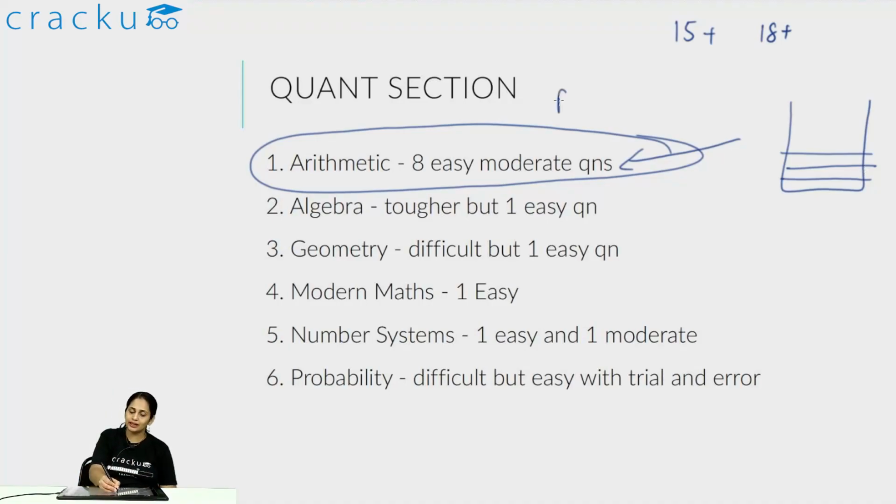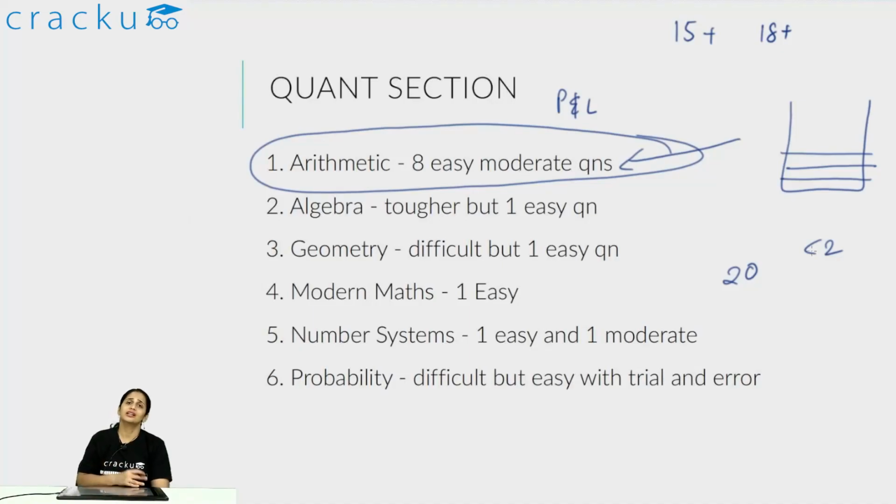Especially the questions on profit and loss were very simple and would have taken you less than 2 minutes. So basically if you say that you should try to attempt 20 questions, that is around 2 minutes per question, right? Most of the questions in this were less than 2 minutes to get to the right answer. Profit and loss would take you 1.5 minutes to get to the answer. Many questions on ratio and proportion would take you less than 2 minutes.